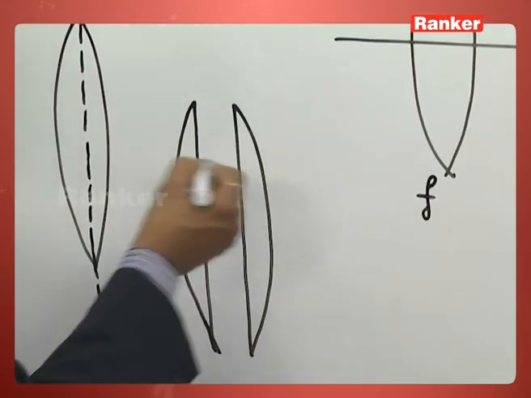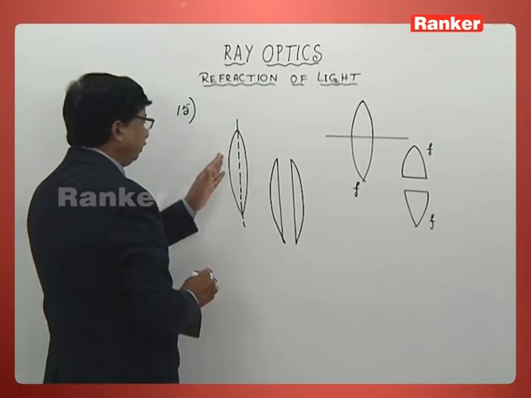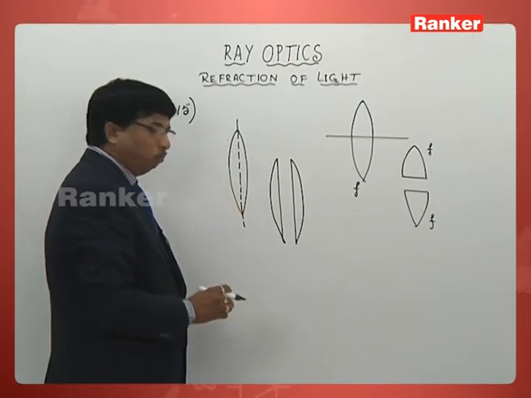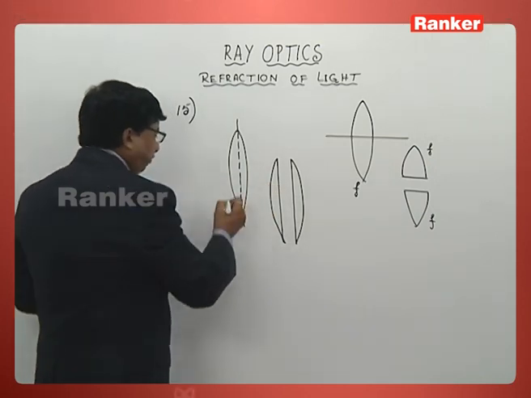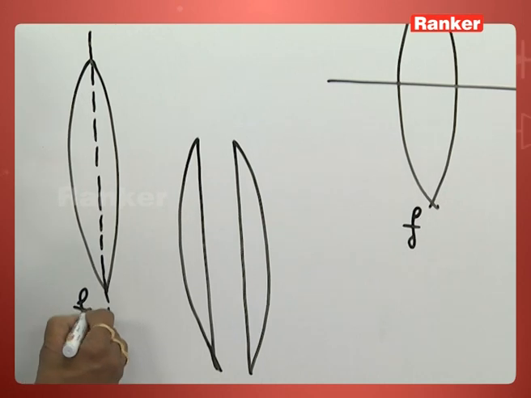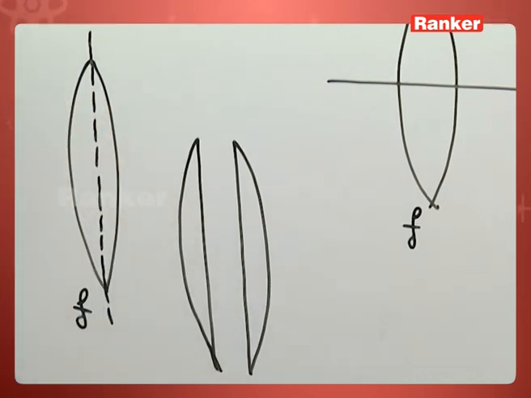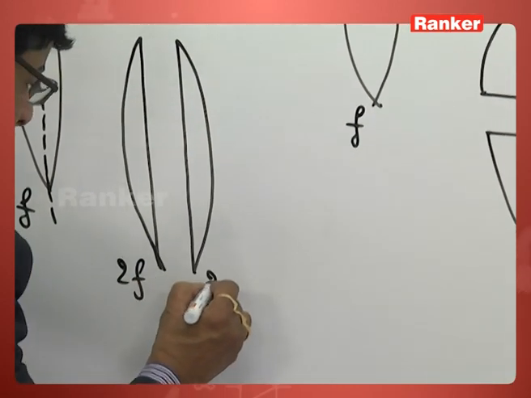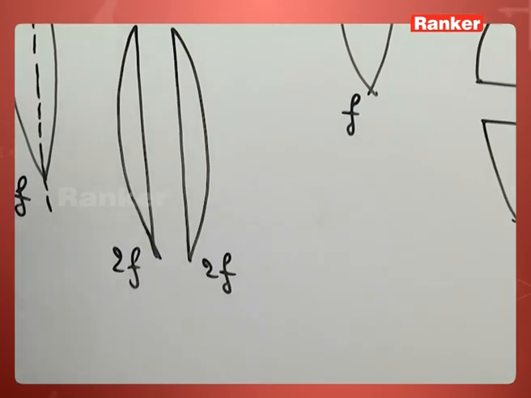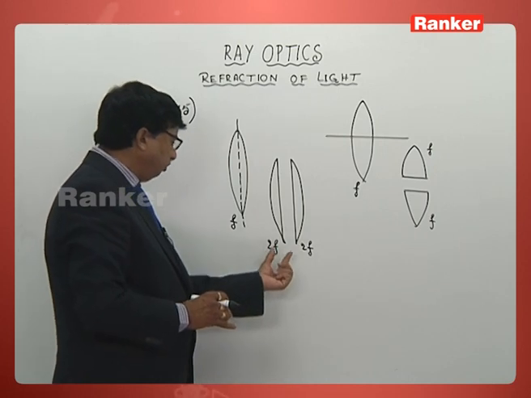This is one plano-convex lens, this is the other plano-convex lens. If I say the effective focal length of the original lens as f, this one will have a focal length 2f and this one will have a focal length 2f. You can easily guess how come.